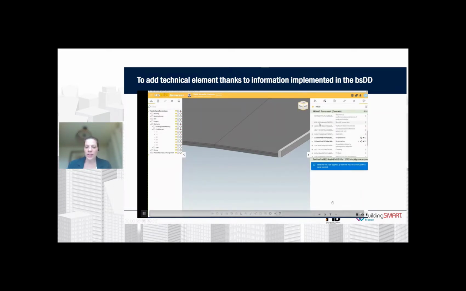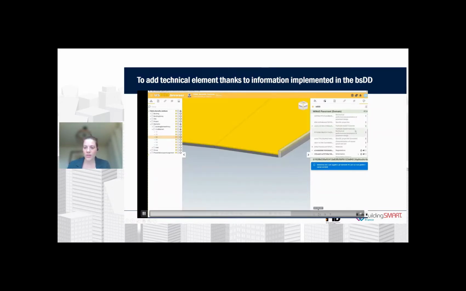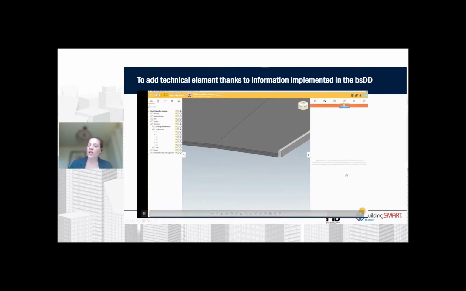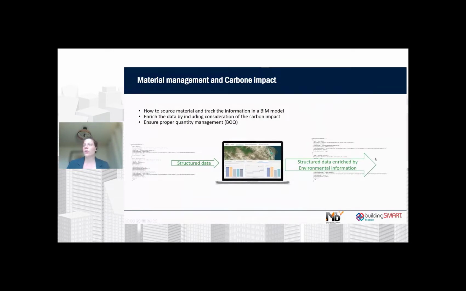You want to add in this information, I know a pavement has a Young modulus, I want to write specifically what is the value of this information. And if I just jump a little bit further, we can write here that you get more than 5,000 MPa for a specific parameter. This was an example of what we can have as a use case, as a designer or as an operator.